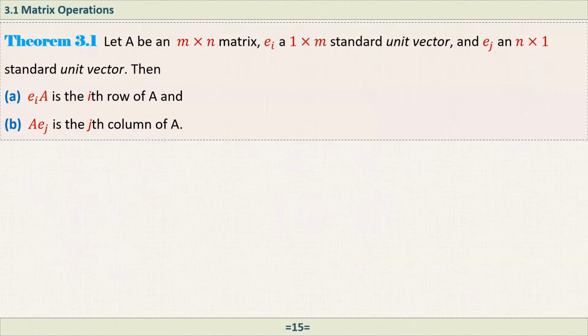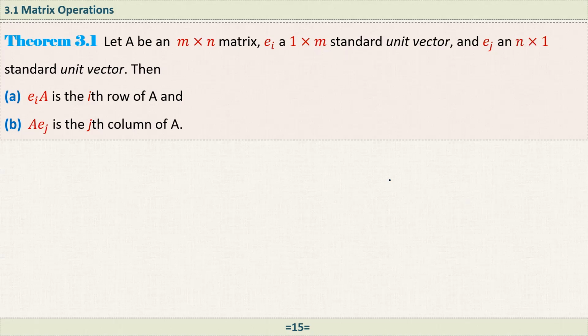And E sub i is a 1 by M standard unit vector, and E sub j is an N by 1 standard unit vector. Then E sub i times A is the ith row of A, and A times E sub j is the jth column of A.